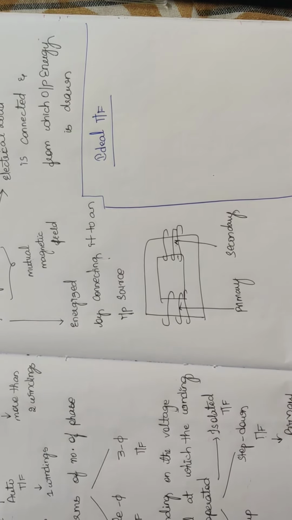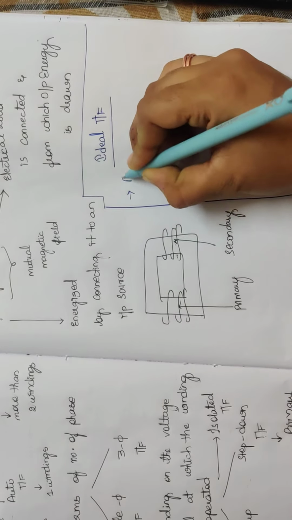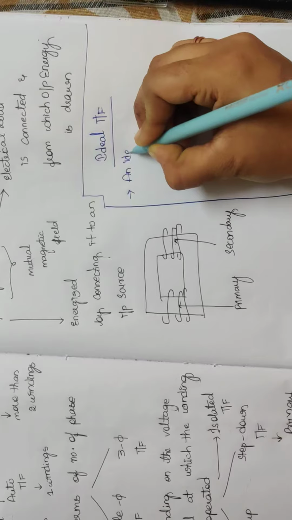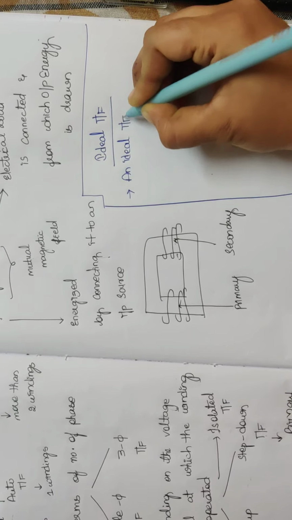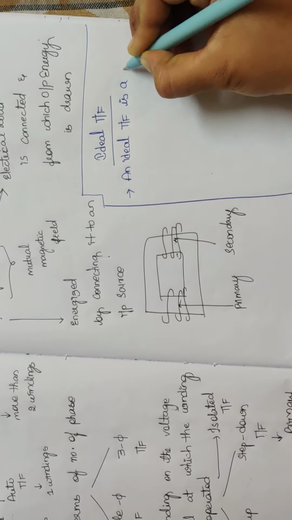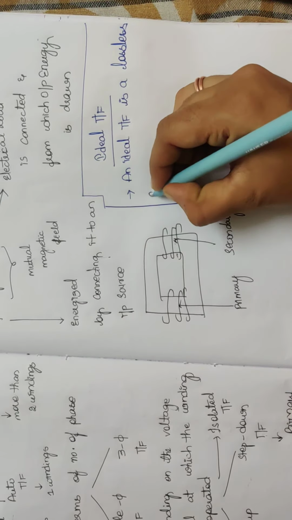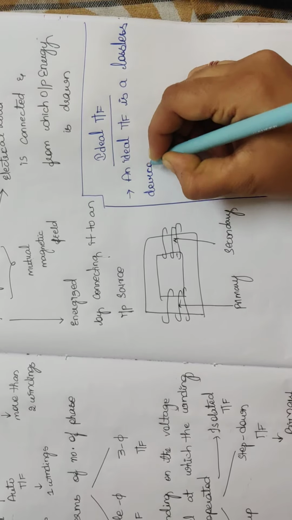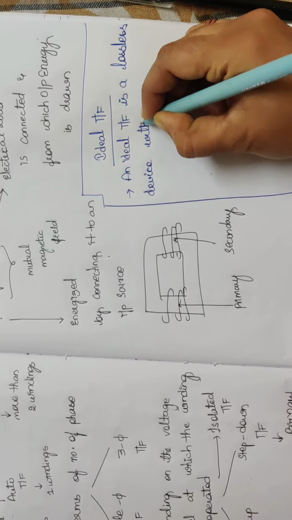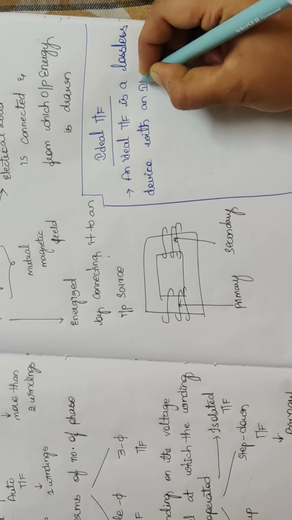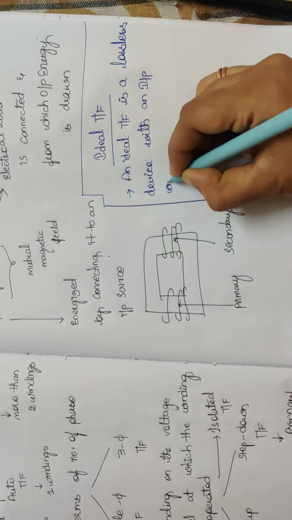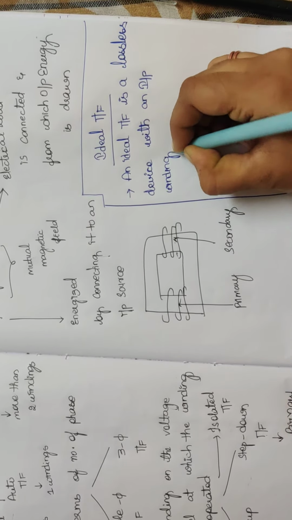An ideal transformer is a lossless device with an input winding and an output winding. Okay, I write down the definition. An ideal transformer is a lossless device, it doesn't have any losses, with an input winding and an output winding.